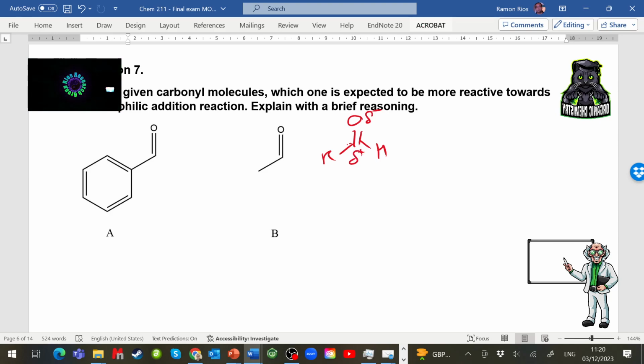The partial positive charge of the carbon will determine how good an electrophile this compound will be. The more positive, the more reactive; the nucleophile, that is a friend of positive charge, will attack faster and better.